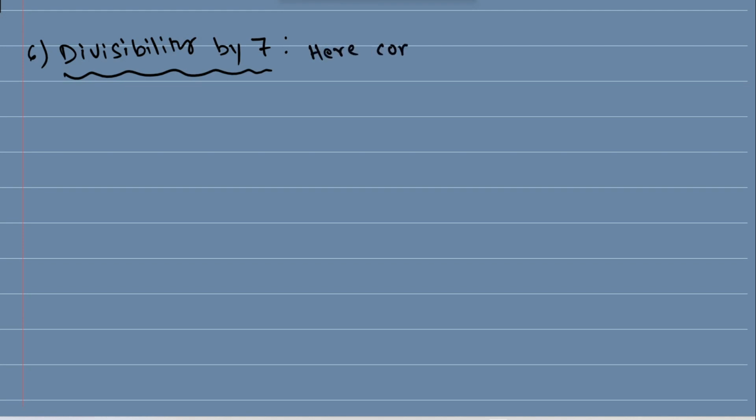Here the concept of oscillator should be applied.